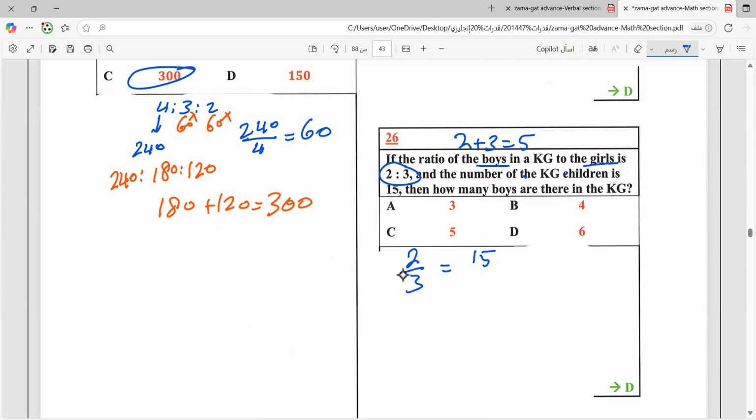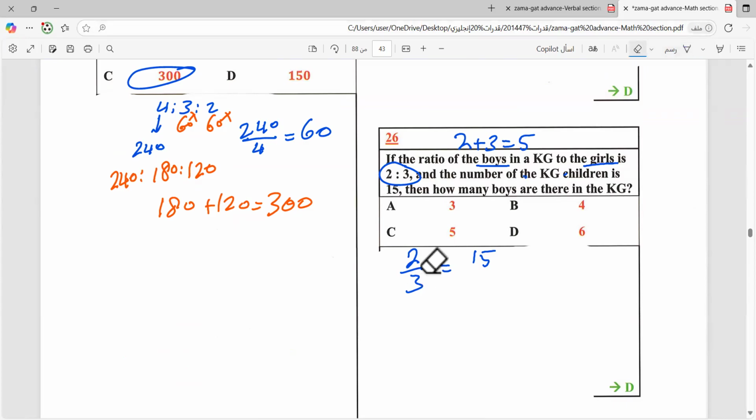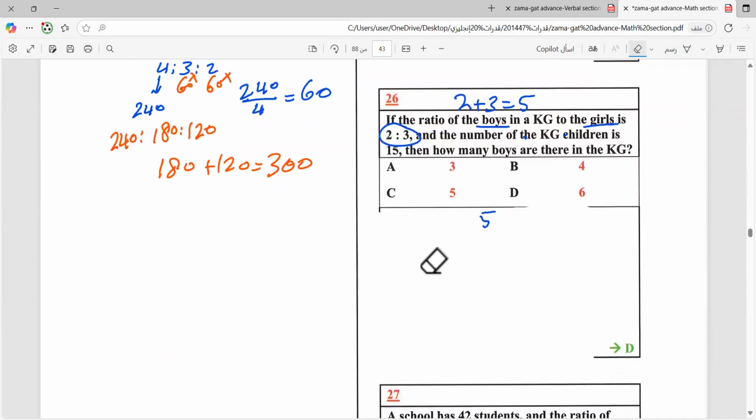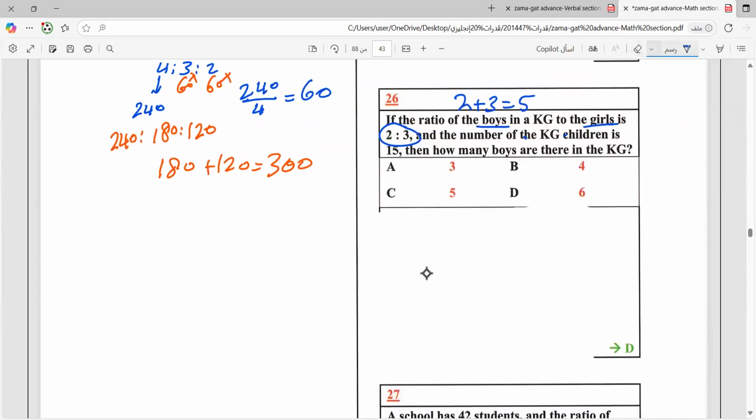So we write it now here. The boys are 2, right? Now we want to find the one ratio, one bar. How to find one bar?